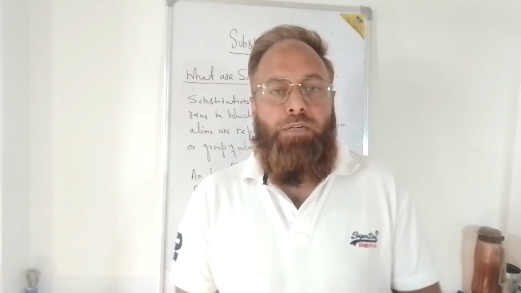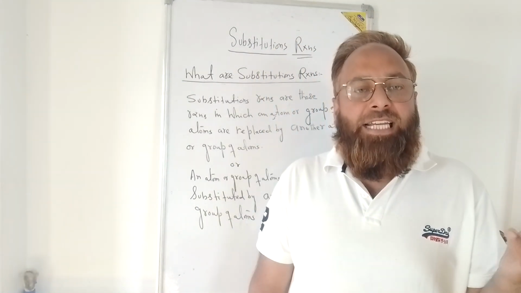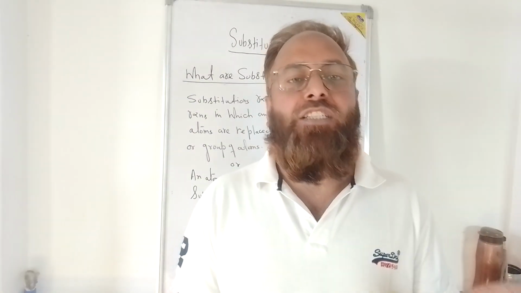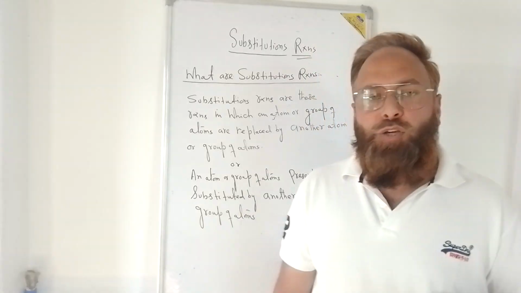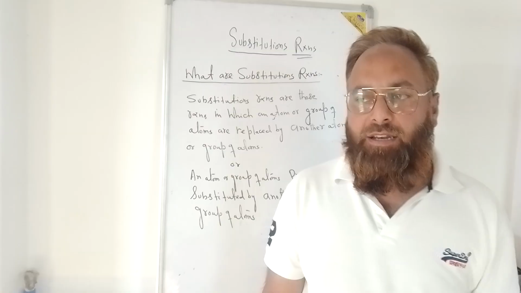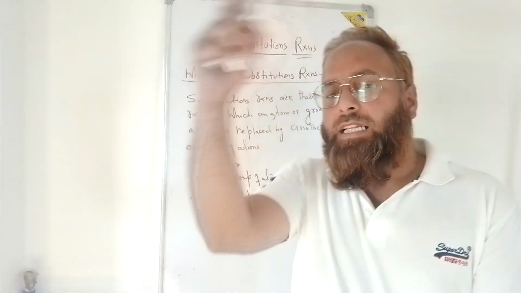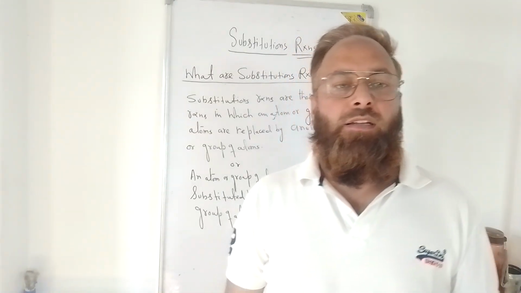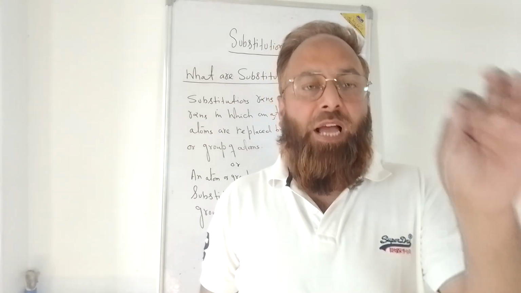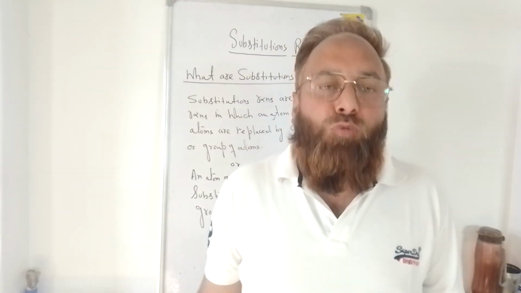If you have 11 players on the ground, and someone gets injured or wounded or has some problem, and you want to replace that player, you substitute that player. One player is replaced by another player. Overall, the cricket team comprises 11 players, and one player is substituted by another player. That is known as substitution.